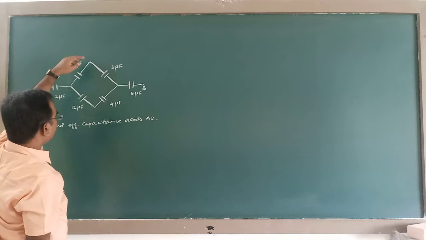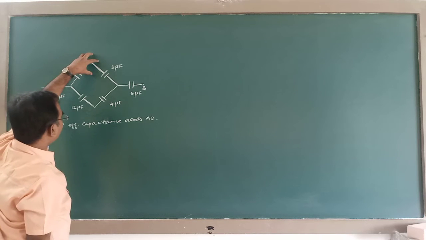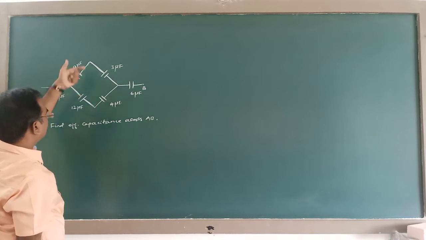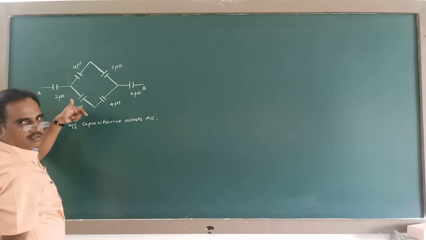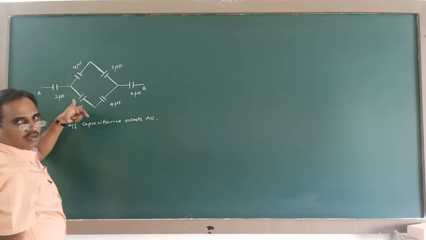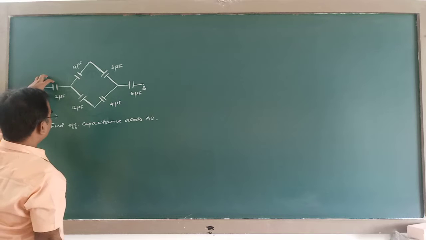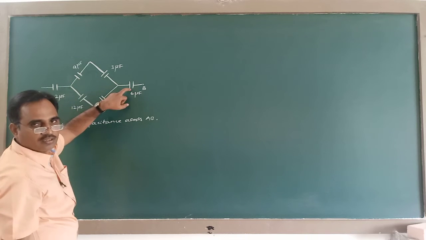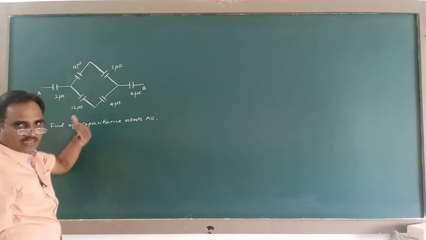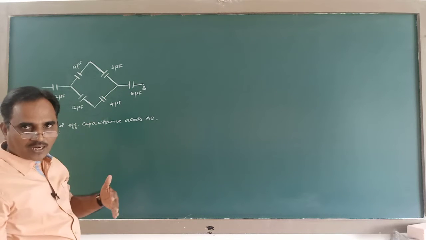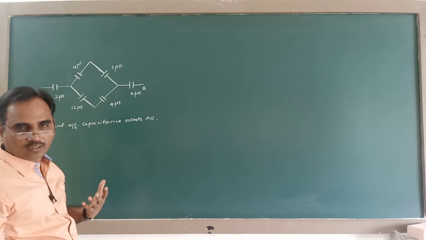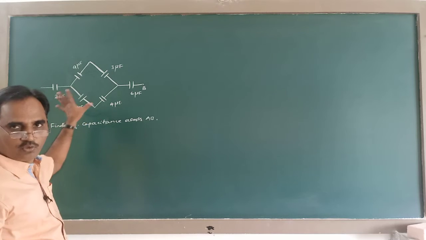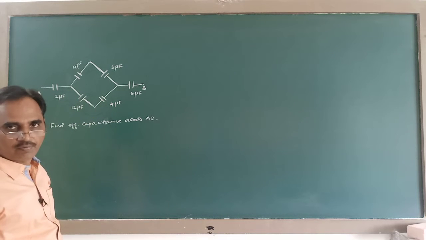After finding the series effective capacitance here and here, this and this become parallel. Next to this capacitor, the equivalent capacitor here and this are in series.